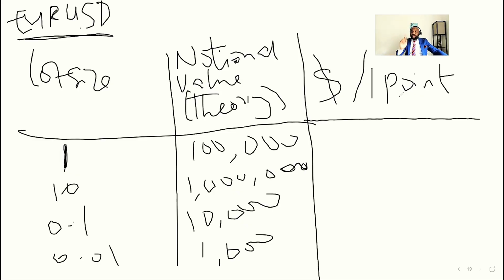So when you place one lot on your trade and you execute that trade, every 1 point earned in your favor is $1 earned. Every 1 point lost against you is $1 lost, if you use a quantity of one lot size.